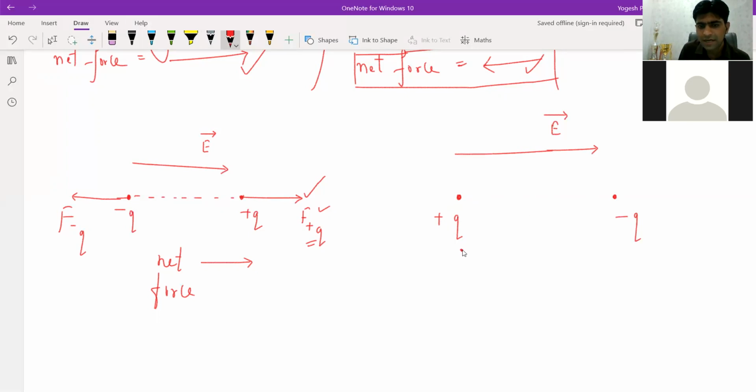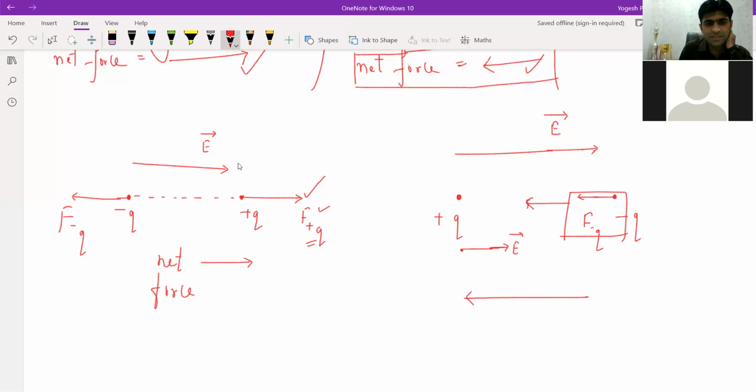The force on the positive q charge will be in the same direction, and the force on the negative q charge will be in the same direction, that is towards left only. Here also it is towards left. But now this field is increasing from left to right, so it will favor this force to be more. Are you getting my point? And that is why the net force is in this direction.